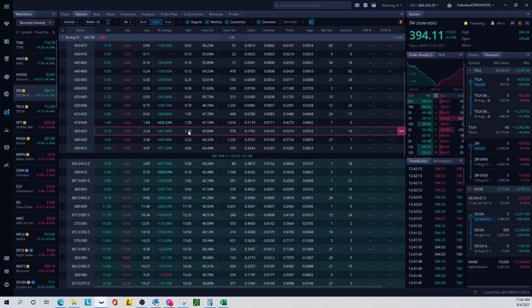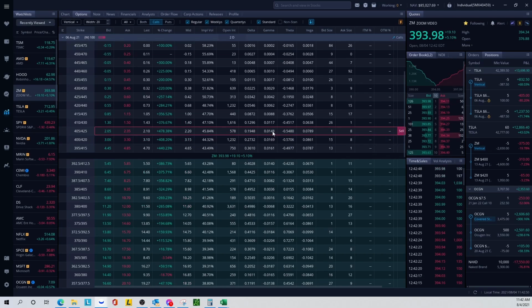And by the way, just while we're here, in order to understand how much this premium increases, for each $1 move in the stock price, the premium increases by this delta. And for each successive $1 move of the stock price, gamma increases delta by this much.